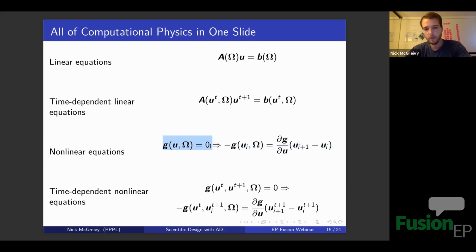But what this means is that if we want to connect automatic differentiation to computational science, then what we need to be able to do is to differentiate through implicit nonlinear equations that can be written as g equals 0, and that take some vector of inputs and output solution u.